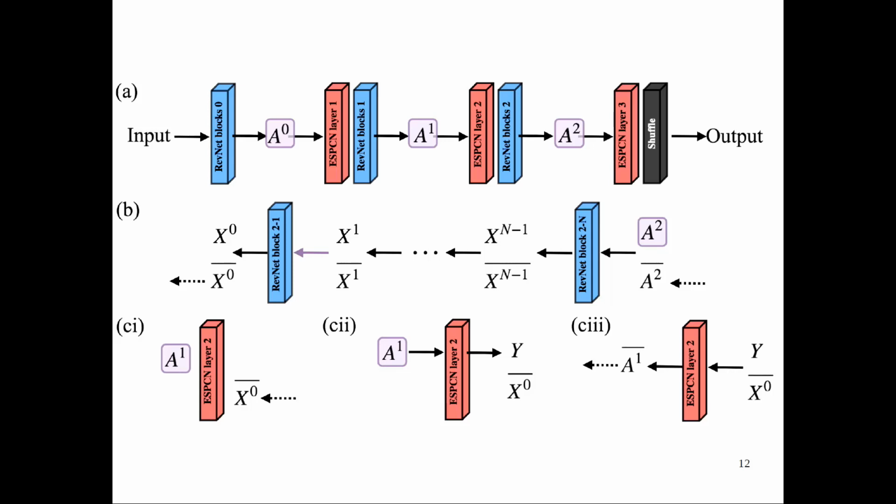And then we would also do a backpropagation procedure on the non-reversible layer, which is in this case the ESPCN second layer. So this procedure would be repeated 3 times, well 2 times, in this network. What I would just like to point out is here we're saving 3 activations because in effect we have split this whole network up into 4. And I'll come on to that in a bit.